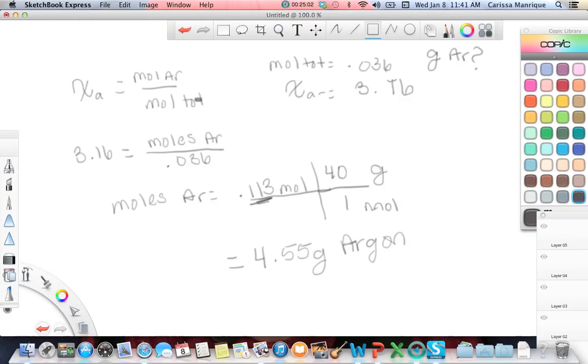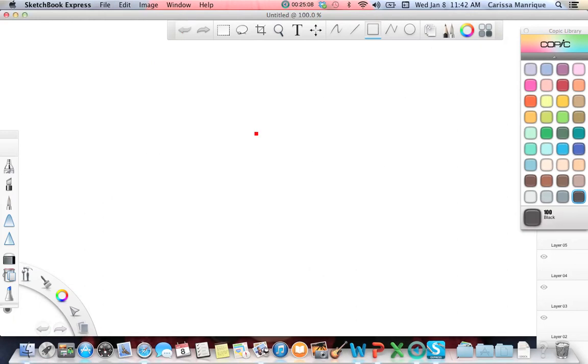Okay, so when you're doing all of these, let me show you the 3 formulas that you need to use when you're doing mole fractions or partial pressures, really. Okay, these are the 3 formulas that will come into play.